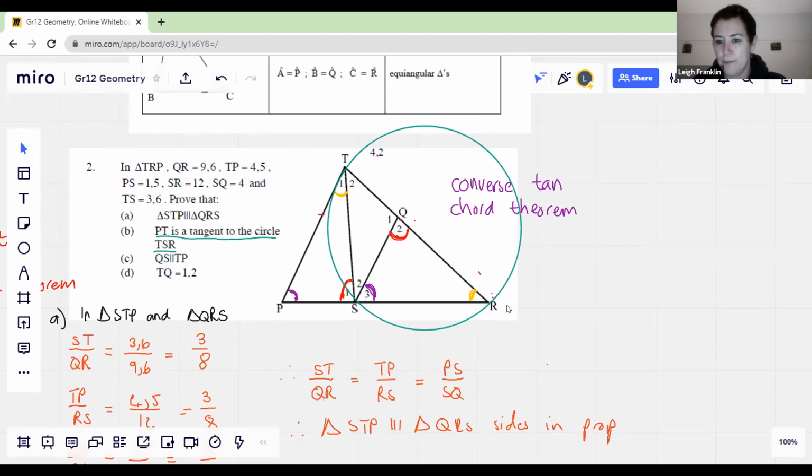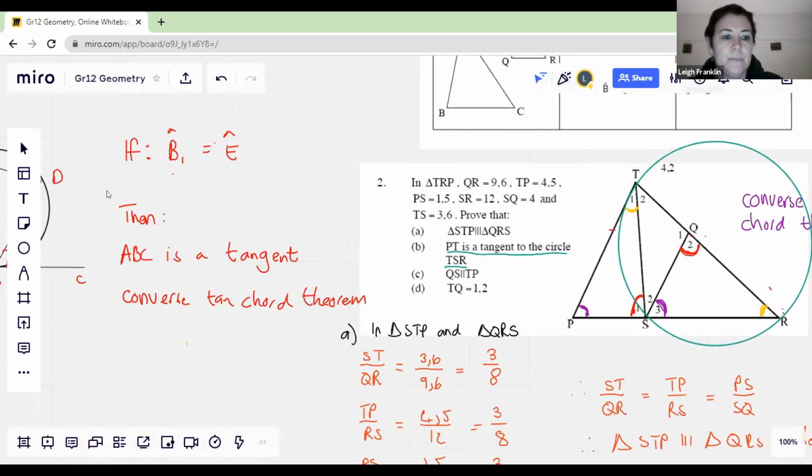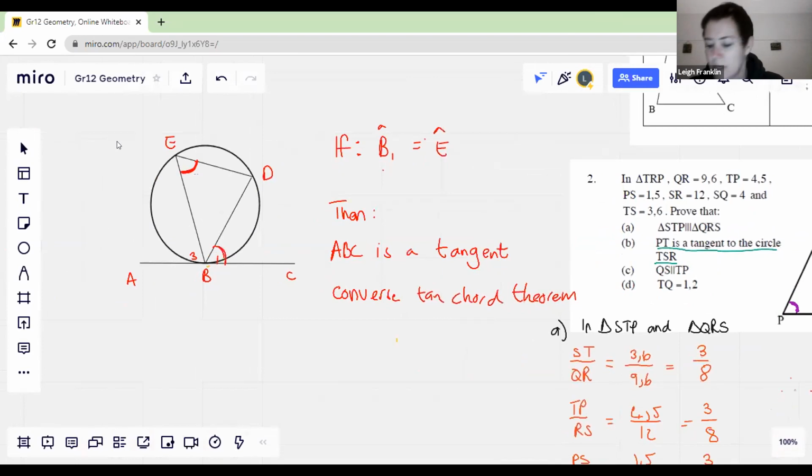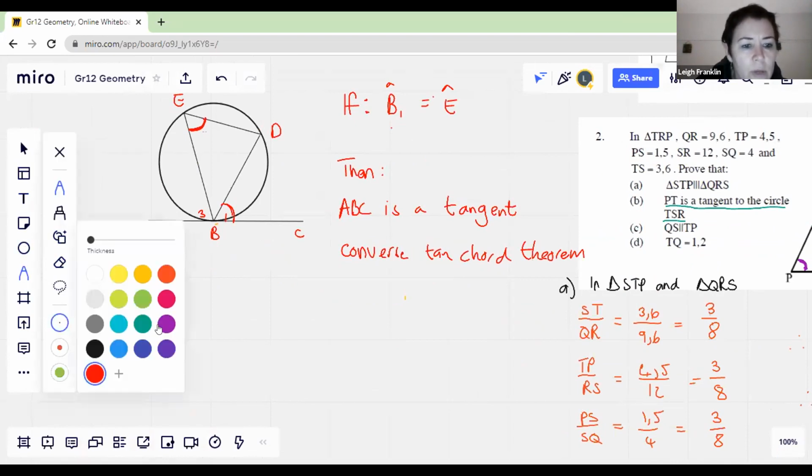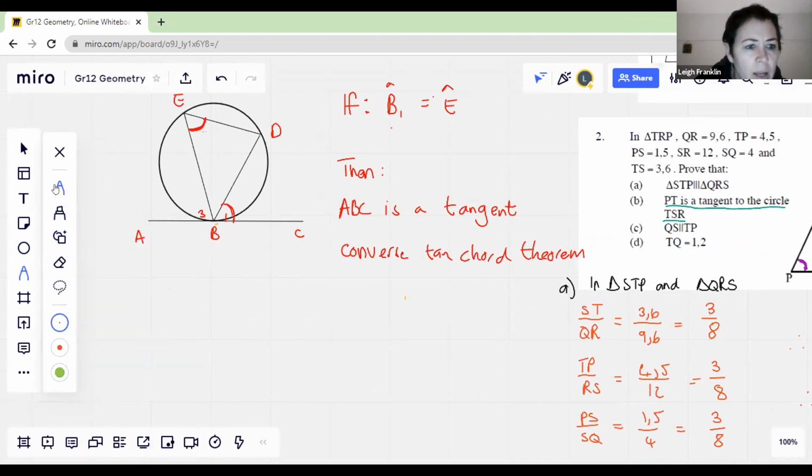So what you are looking for is this shape. Okay, I'm going to go to the side again. So using that, you are looking for a triangle, and then a line off the triangle like that.